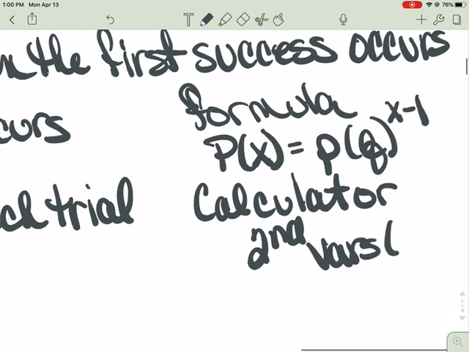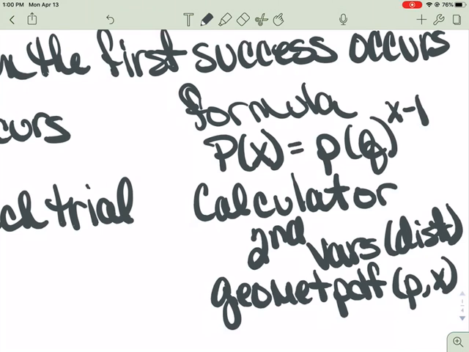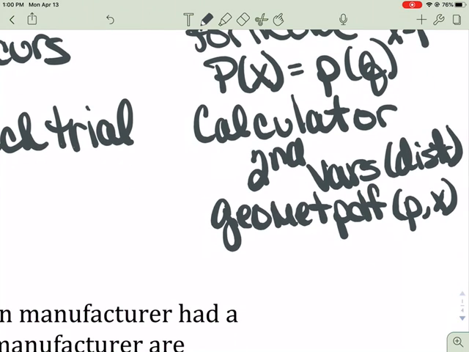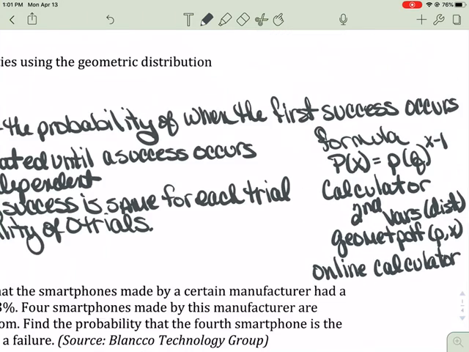Remember, that's distribution. That's going to give you your distribution menu. And we're going to go down to geometpdf, and we're going to put in p comma x. So the probability of success and the trial number. And then there is an online calculator that we're going to look at that I have linked in our folders.